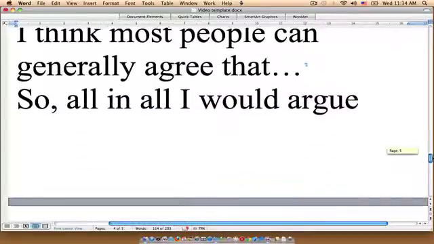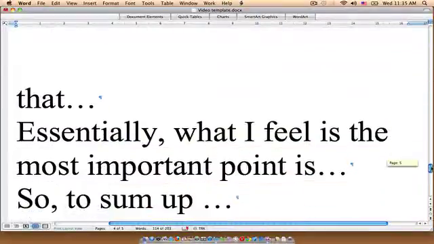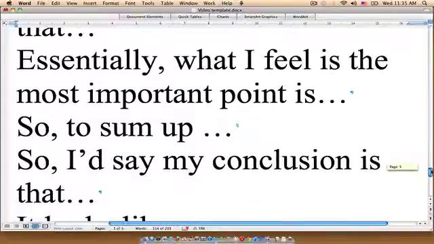"So all in all, I would argue that." "Essentially, what I feel is the most important point is." "So to sum up," and that is a helpful phrase.